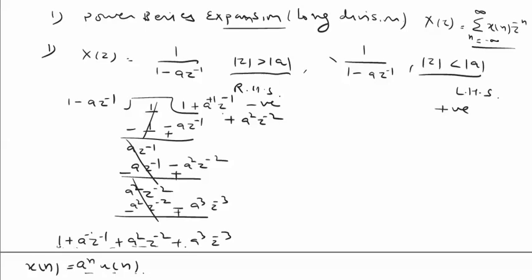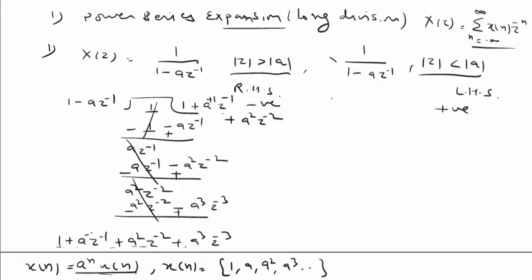We can write this expression. With this expression at individual points 0, 1, 2: x(n) equals, at 0 location 1, 1 location a, 2 location a square, a cube and so on. And finally we can write in this way.